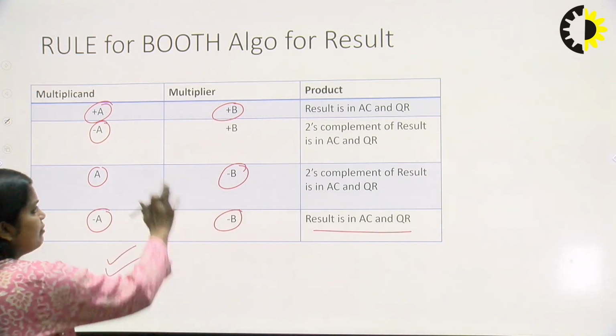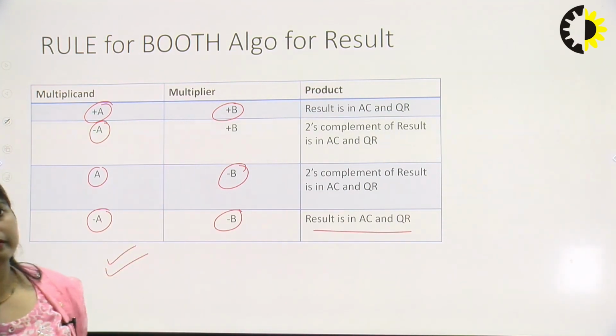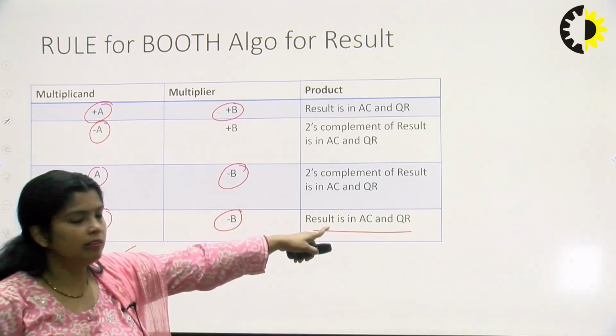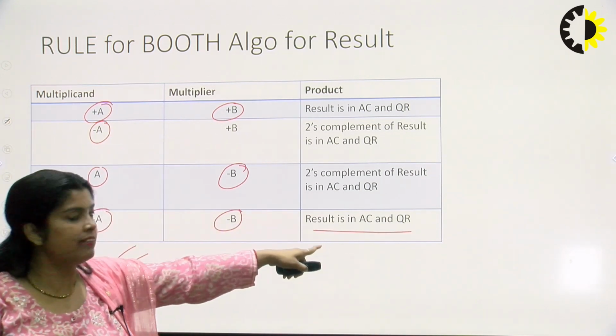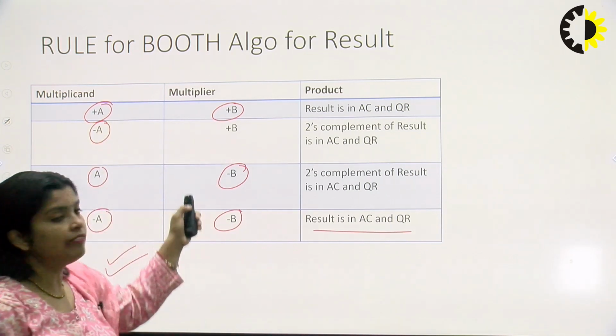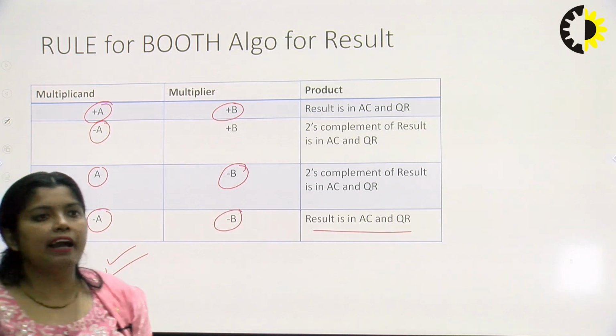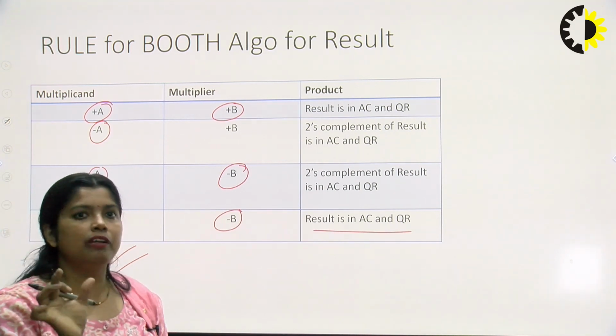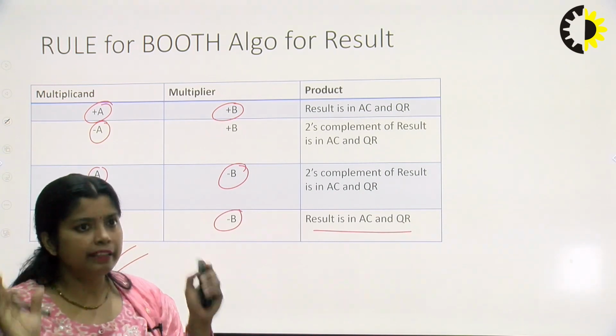Always remember this for the final result composition. When both values have the same sign, the result will always be AC and QR, positive or negative. If either the multiplier or multiplicand has a negative value, the result will be negative. So this particular value can be stored in the AC and QR.